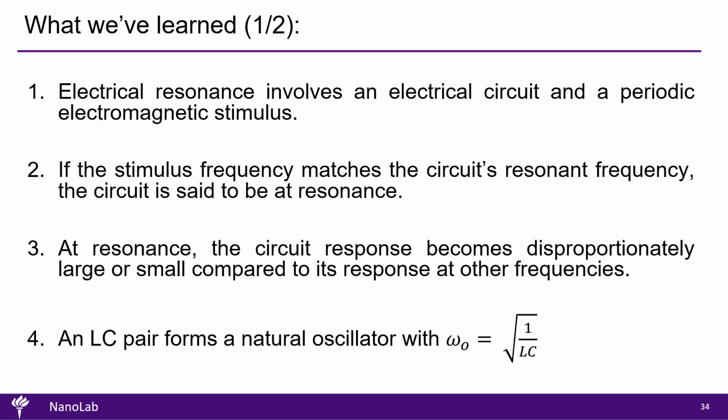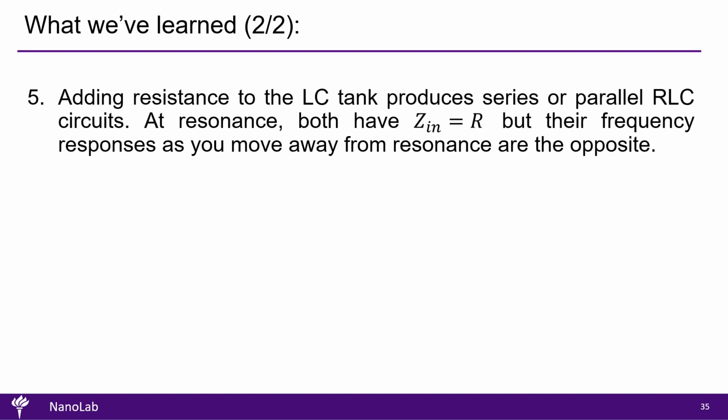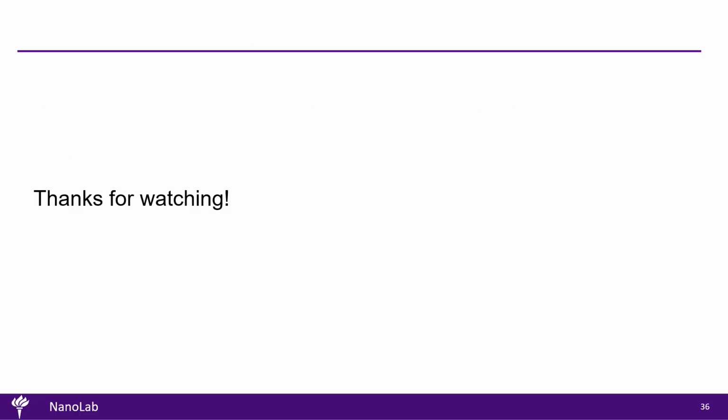An LC pair forms a natural oscillator with omega 0 equal to 1 over the square root of LC. Lastly, adding a resistor to the LC tank produces series or parallel RLC circuits. At resonance, both input impedances are equal to R, but their frequency responses as you move away from resonance are the opposite. Thanks for watching, and see you in the next session.